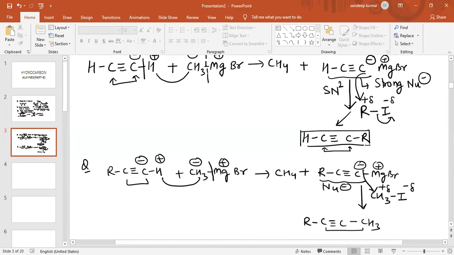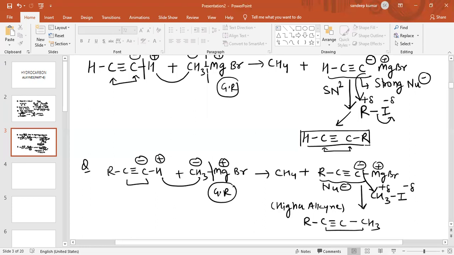So this is the preparation of higher alkyne by using Grignard reagent.